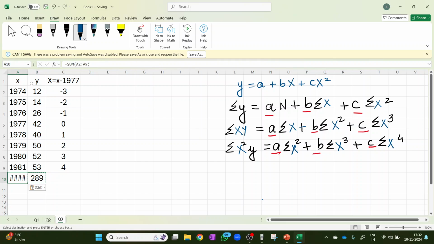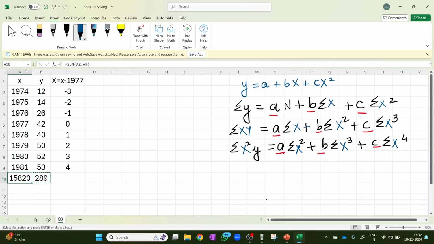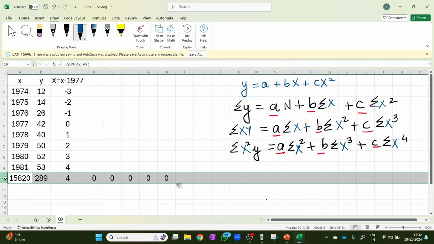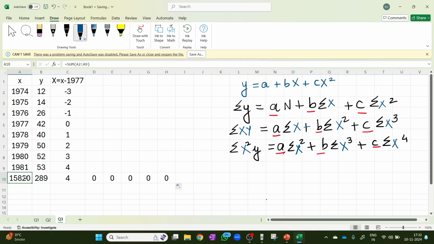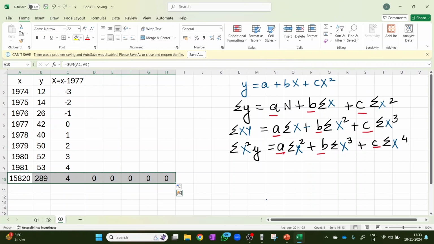You can see the total of x itself is quite big. I'll just bring this total row here, so whatever we calculate, it's going to get totaled. So this is the total row.